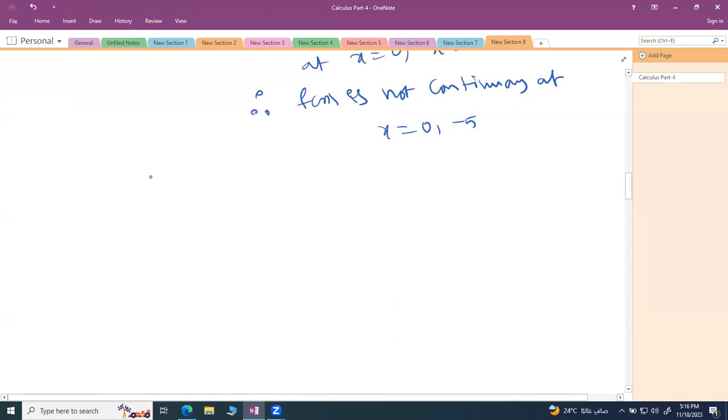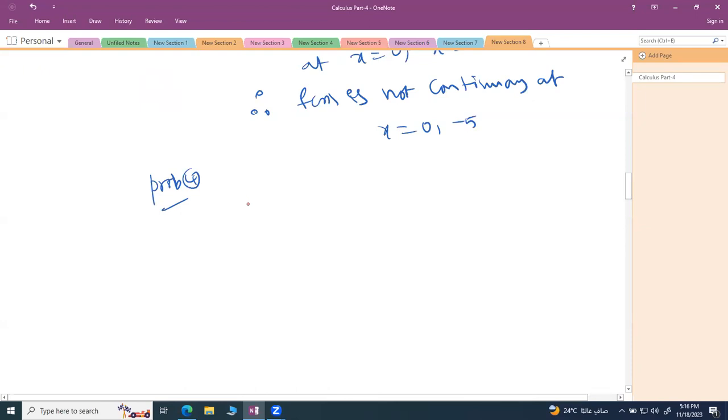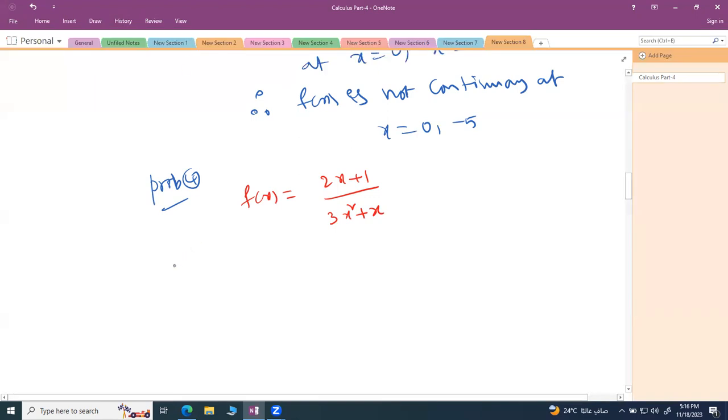For f of x equal to 2x plus 1 by 3x square plus x, 3x square plus x equal to 0.